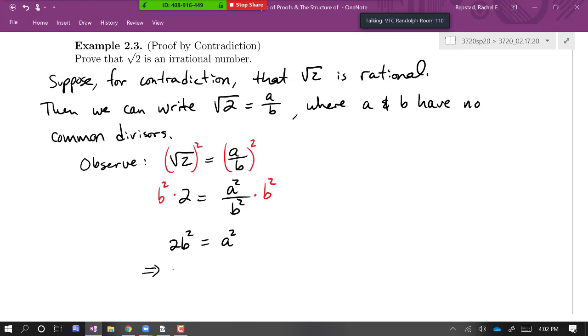We've written it as 2 times something. B is an integer. B squared is an integer, and we've written a squared as 2 times some integer.